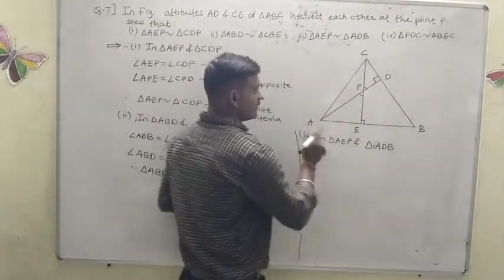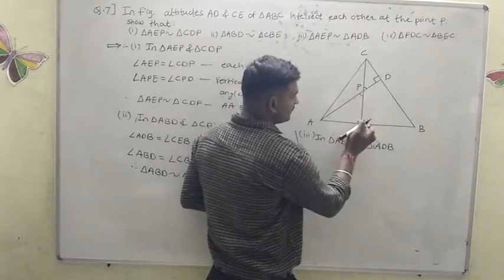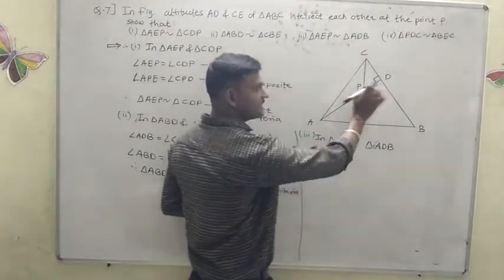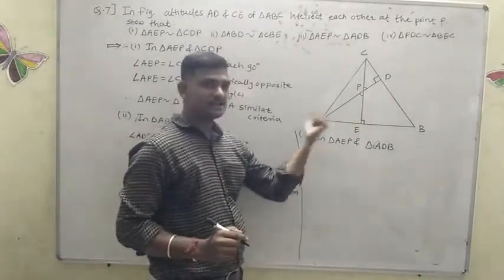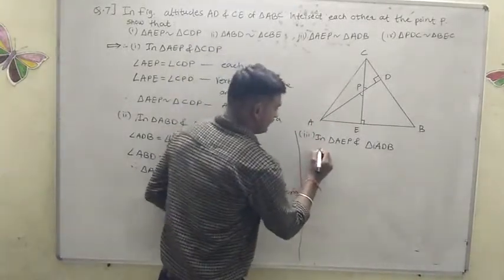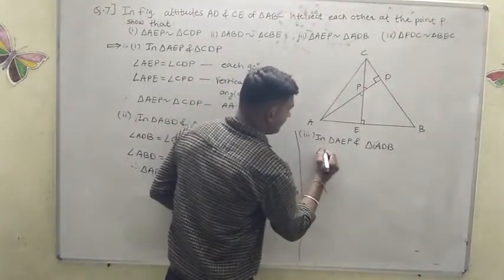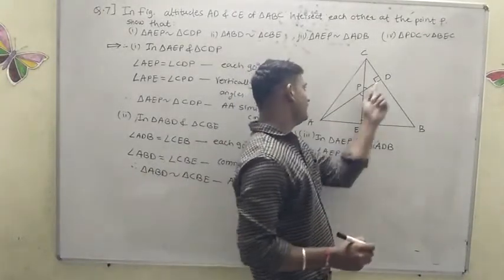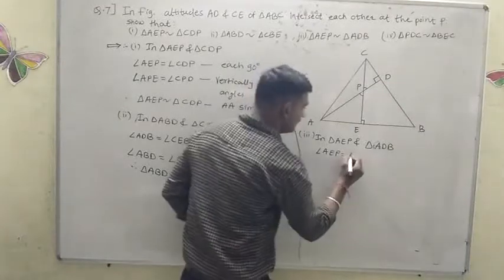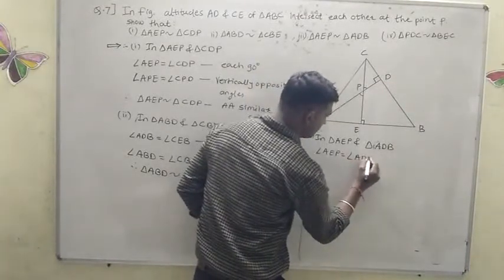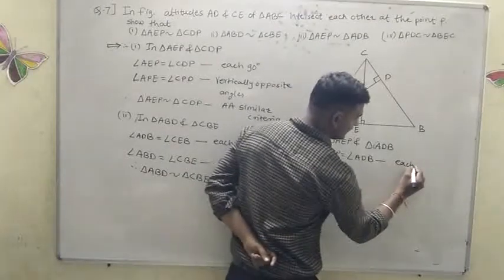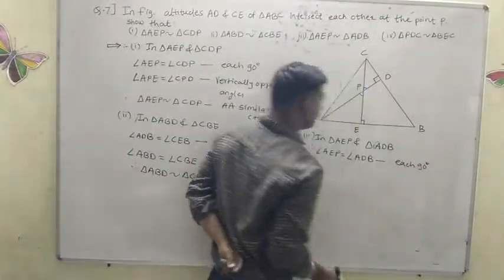In these two triangles, in triangle AEP angle E is 90 degrees, and in triangle ADB angle D is 90 degrees. Therefore, can we equate each? Yes. Angle AEP is equal to angle ADB. What is the reason? Each angle is of 90 degrees.